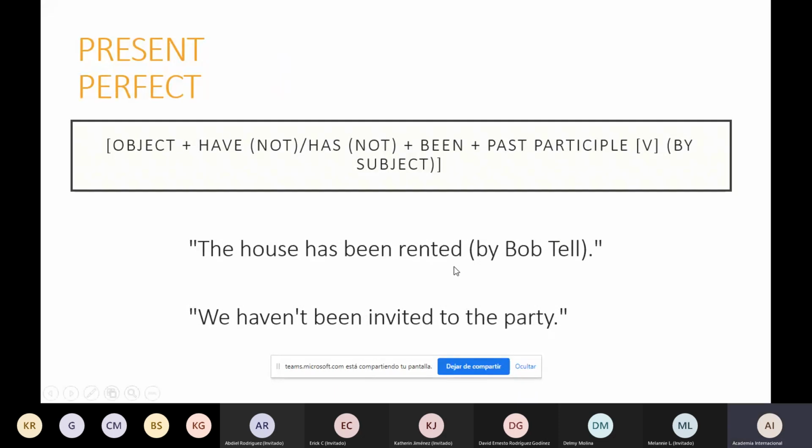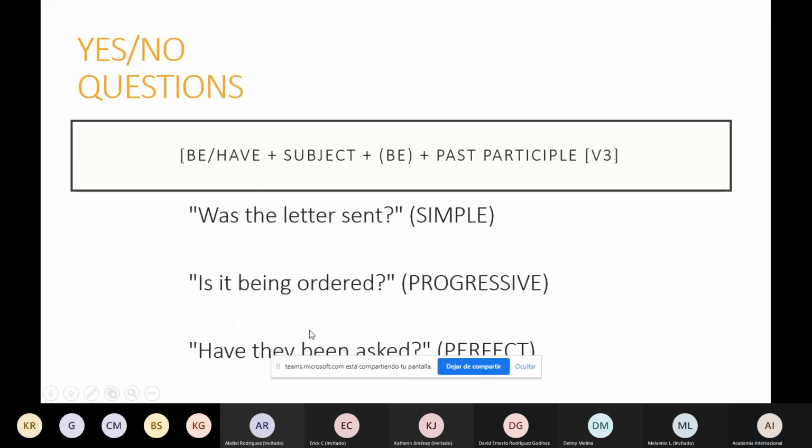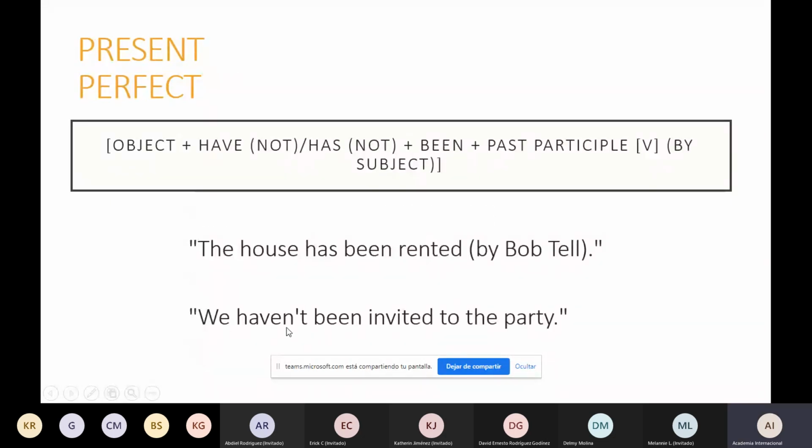Ok, recuerden eso. Si estamos utilizando esa estructura de presente perfecto, hay que tener cuidado. Be careful with this structure because we used the negative form with the auxiliary verb have.